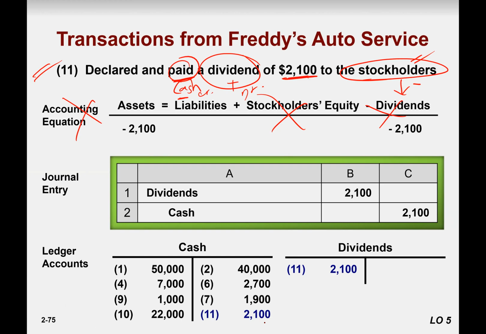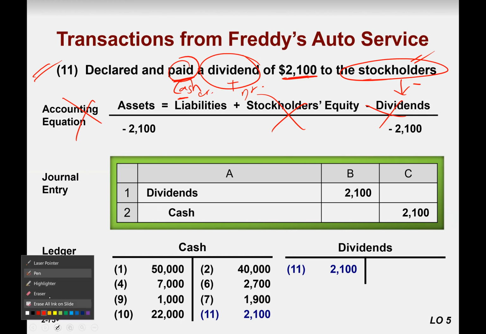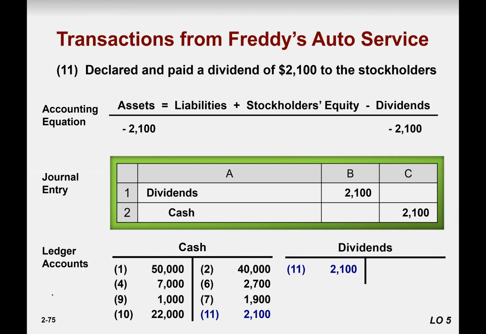Junpyo? Sir, I don't really get why dividend is plus because you paid for it. Okay, the stockholders are getting the money, right? Yep, so it's out of your account, right?